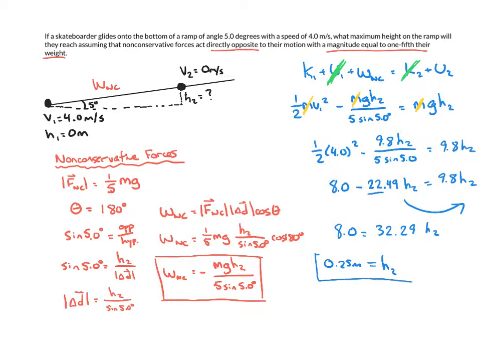So the maximum height reached by the skateboarder is just 1/4 of a meter, basically. That doesn't seem very high, but remember this ramp is only 5 degrees. So I can actually figure out how much that is in terms of displacement. Going back to my formula, d equals h over sine of 5.